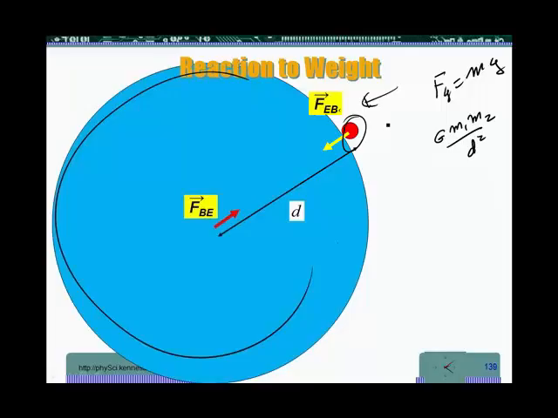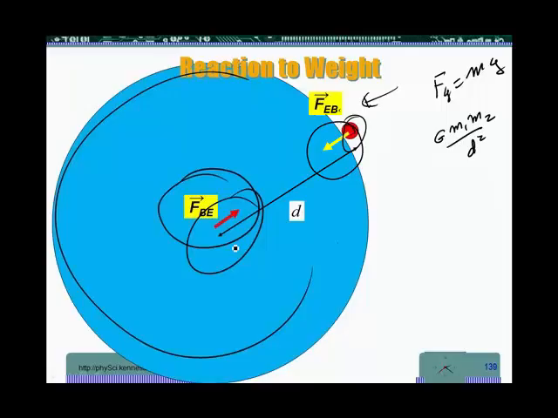Now, the action here was exerted by the Earth on the ball, so the reaction should be by the ball on the Earth. So it should be a force exerted by the ball on the Earth that's equal to the force that the Earth exerts on the ball and opposite in direction. We have them here, one in yellow and one in red. These two are equal to each other, but opposite in direction.